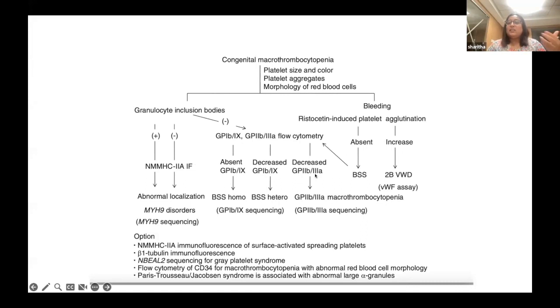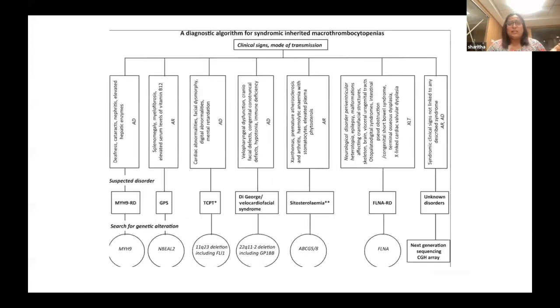If GP2B3A is absent, then we should suspect Glanzmann's thrombasthenia, which is also called GP2B3A macrothrombocytopenia. And if ristocetin-induced platelet agglutination is absent completely, then it goes in favor of Bernard-Soulier. If it is increased or normal, then it goes in favor of von Willebrand's disease. So this is the diagnostic approach for congenital macrothrombocytopenias.